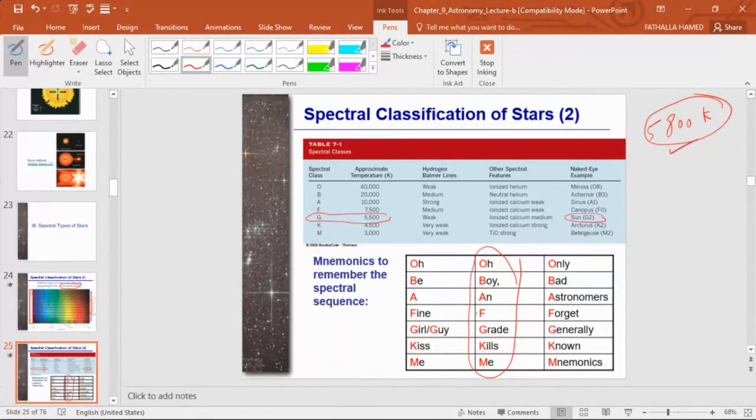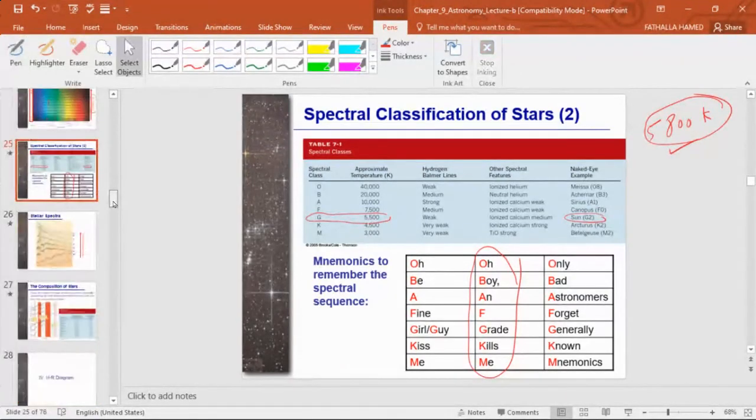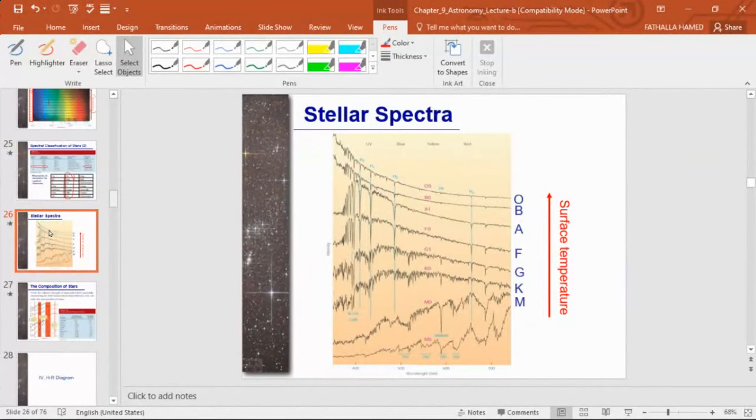So now you have to remember this order here. Oh, boy, an F grade kills me. And that's basically O star is the hottest, and next to it is B, then A, F, G, K, M. Of course, the numbers, we're not going to go into that. Why we give a number to this star or that star, but this is basically how we look at it.